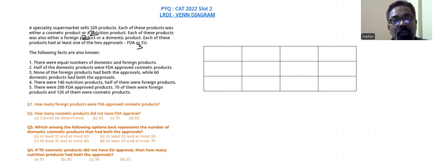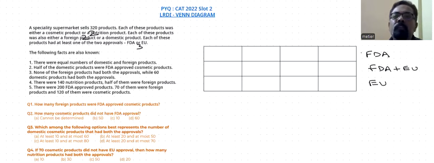Now let me mark these boxes as per the data requirement. Check it. In the first row, I am going with only FDA approval. The third row, I am going with only EU approval. And the second row is approval by both FDA and EU.